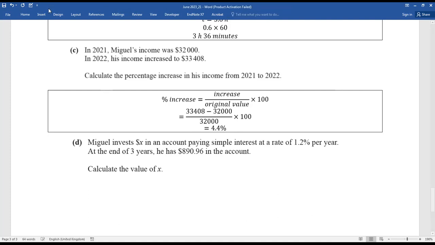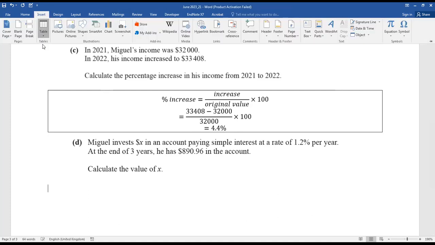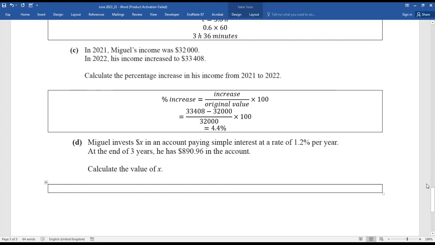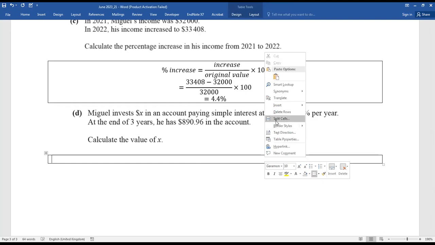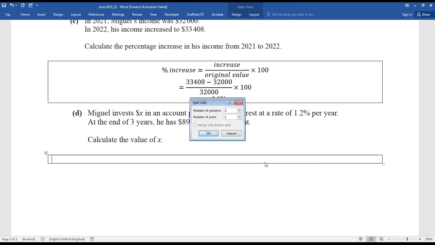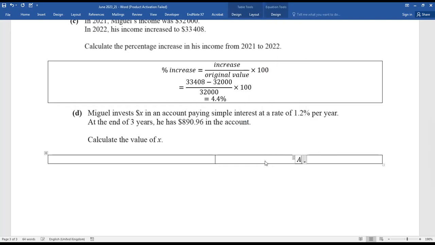Miguel invests X dollars. That is the principal amount that he invested. And the account paid simple interest. At the end of the year, he has 890.96 in the account. Calculate the value of X. Remember, this is the total amount that he has. The total amount consists of the principal plus the interest.